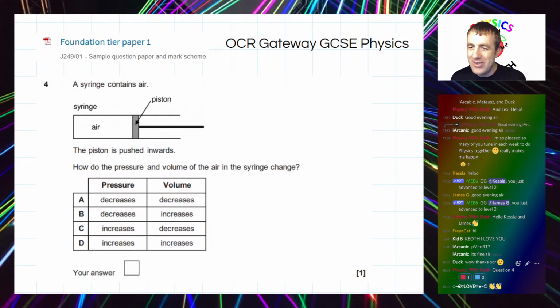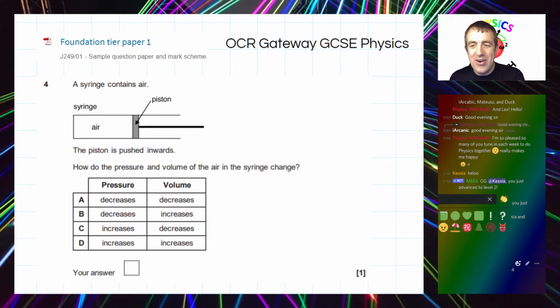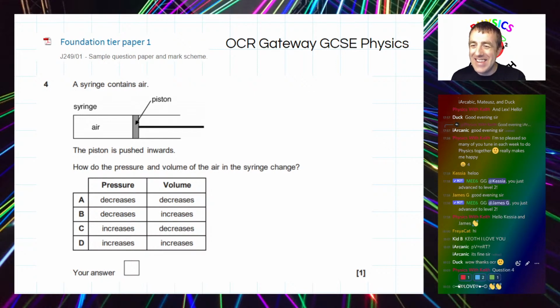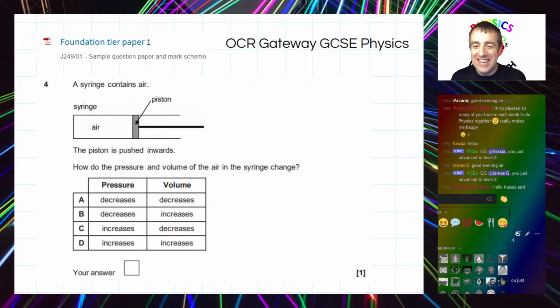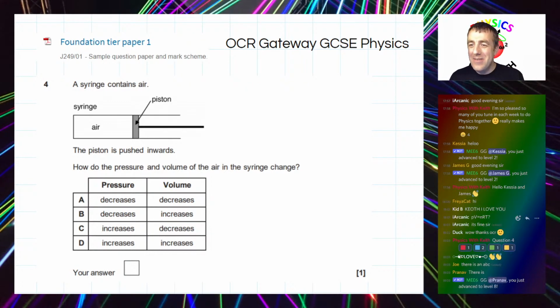Green to mean C. Why am I attempting this? And I'm running out of colours. Let's go with yellow to mean D. There we go. There is an A, B, C, D. I thought there would be. Okay. Well, maybe next time.